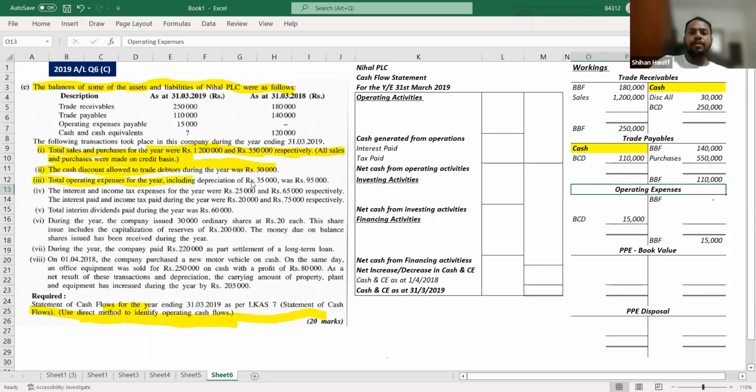Then only you get the cash. You can do it in two methods. One is credit 95. You have to show the depreciation separately, 35,000.